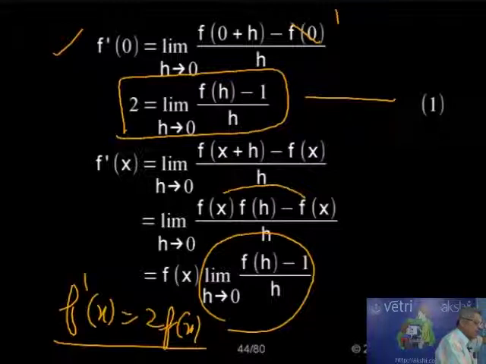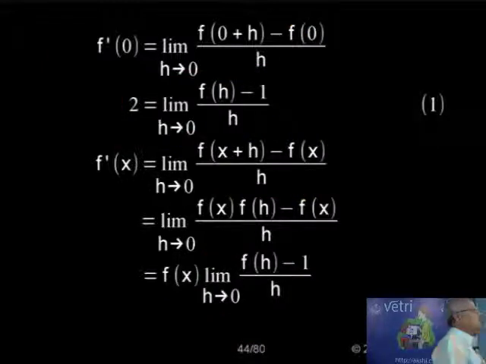Using that, we get this. Again, f of x can be taken out because this limit is only for h, not for x. This limit is obtained as 2. So, therefore, f dash x is equal to 2 times f of x. We have proved f dash x is equal to 2 times f of x. That is another result to be proved.